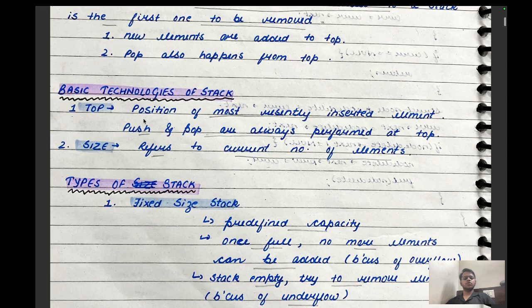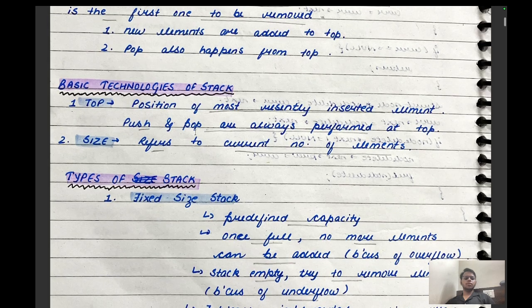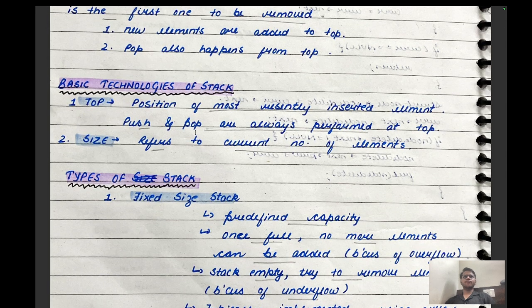So what is top? Top is the position of the most recently inserted element. Push and pop are always performed at top. Basically, top is a kind of pointer, but here it is not dynamic, it is static, and top maintains the topmost element of the stack, by which we can perform the pop operation from that point.